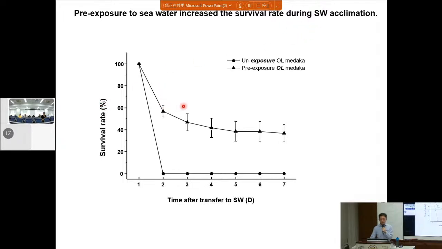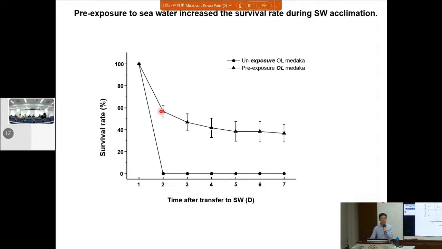So here you can see the Japanese medaka pre-exposed to the seawater. Then we transfer them to the seawater again. If we don't give the pre-exposure training, they cannot survive, 100% die, when directly transferred to the seawater.